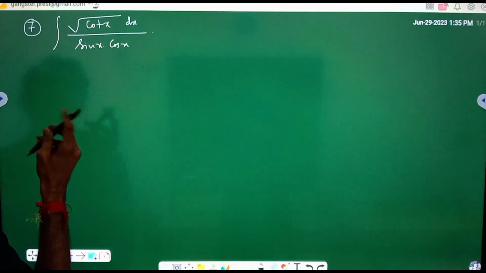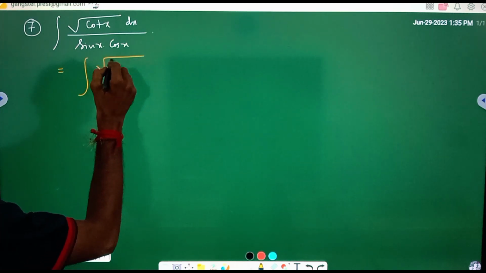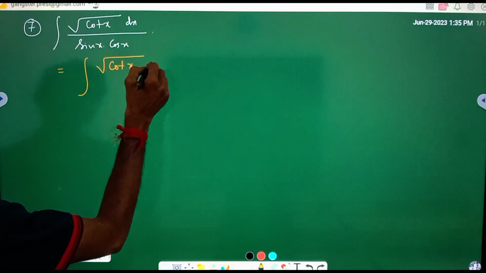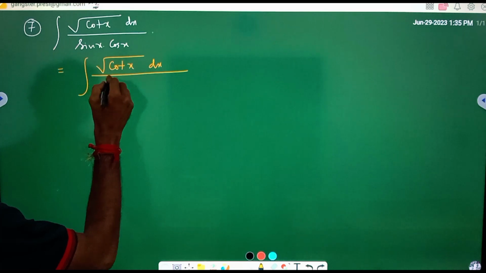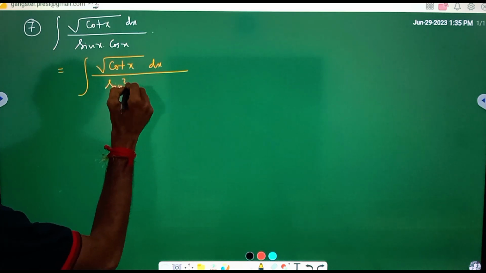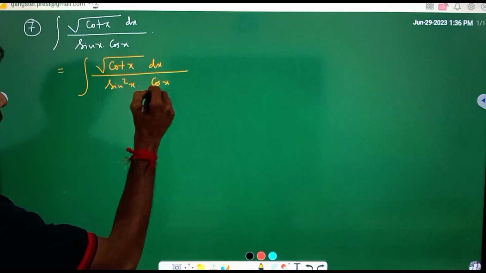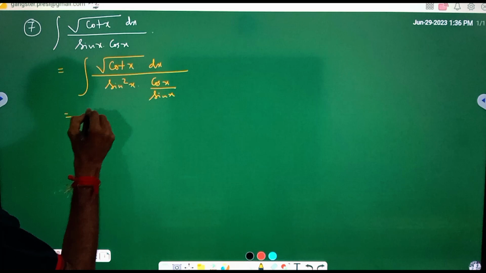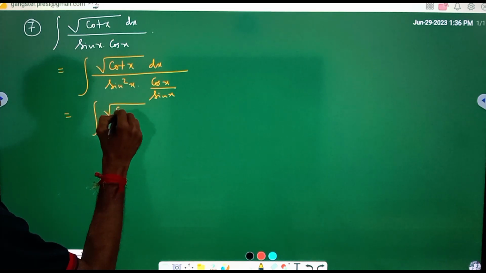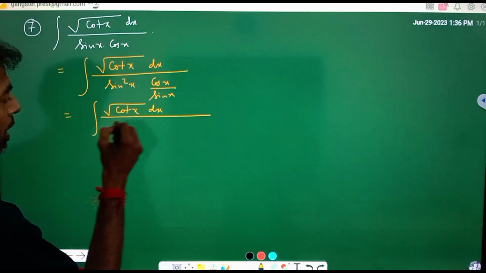In case of this integration, I'm going to adjust the denominator part by a sin x. That is, I'm going to write sin square x here, and it will be adjusted by a sin x there. So the total part will be root under cot x dx divided by sin square x.